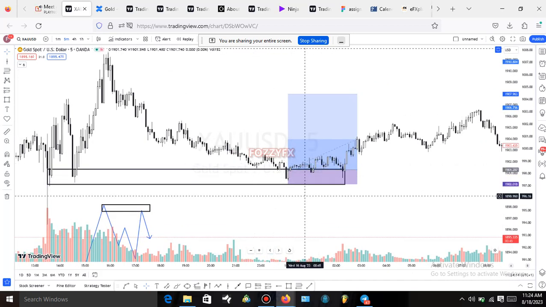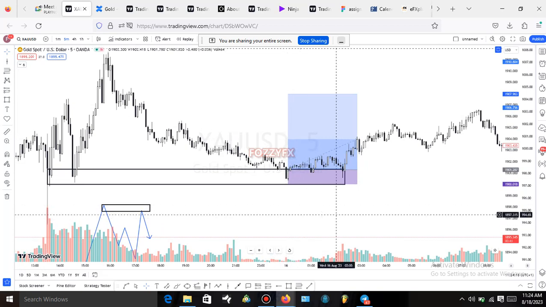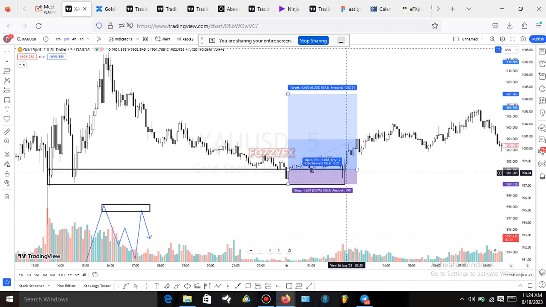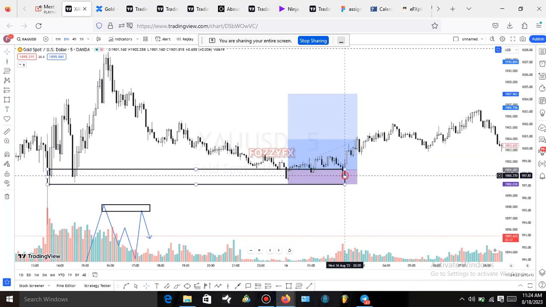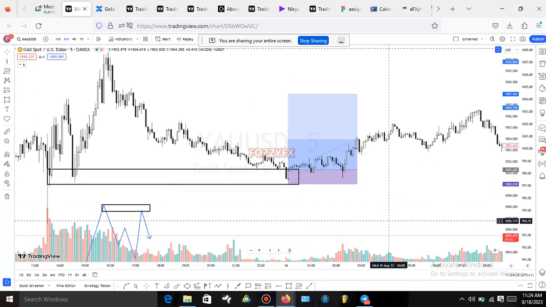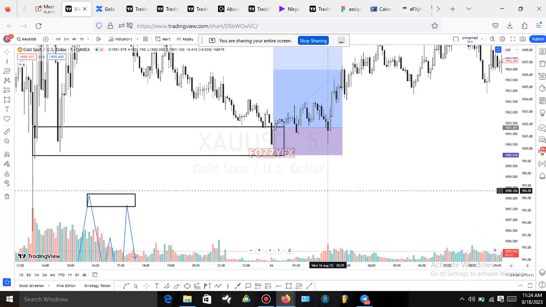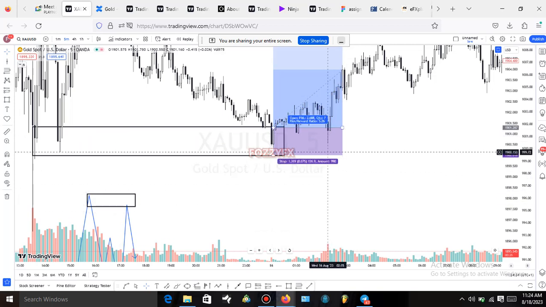So now we talked about high volume, low volume. Now look at this. We identified that this one is high volume, right? And price traded into it, and price just went all the way up. Now if you look at this one here, it actually has a high volume, and this happened during Asian session, very close to the bullet train.